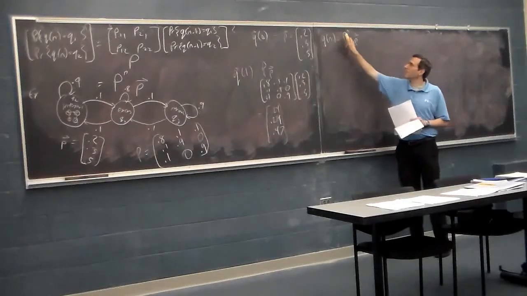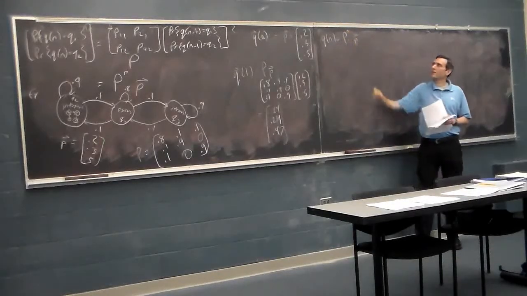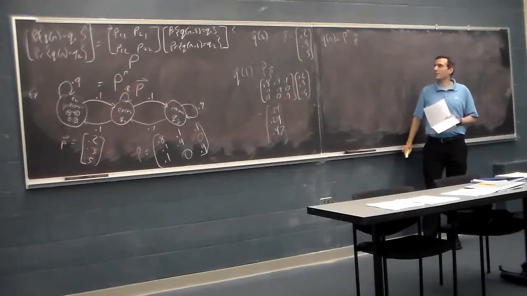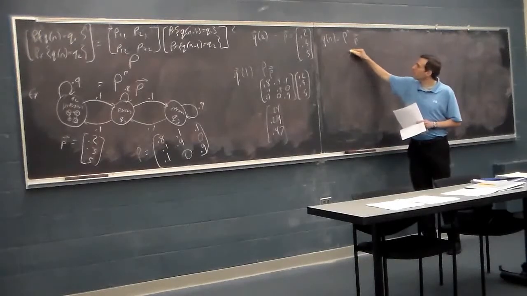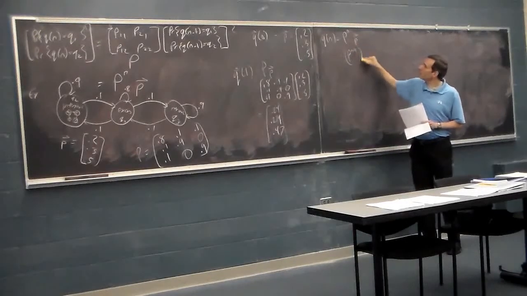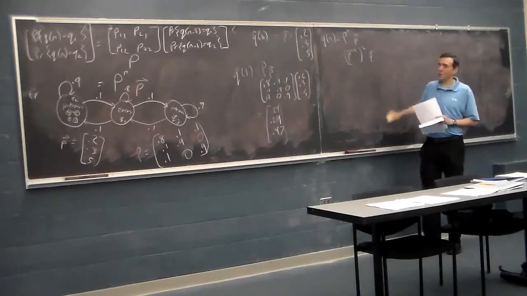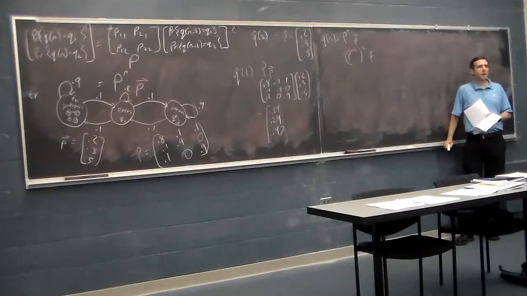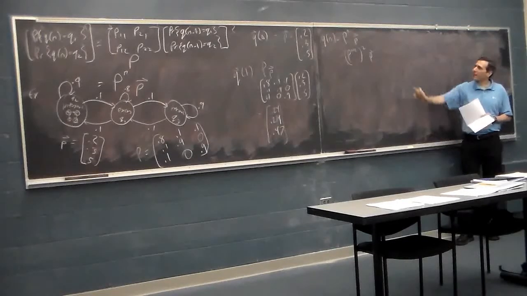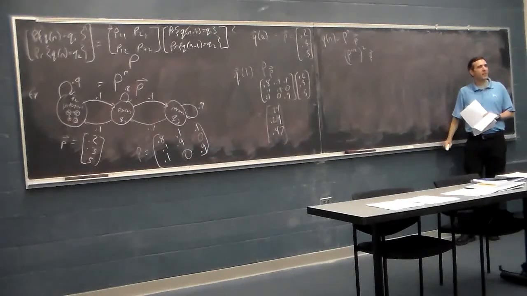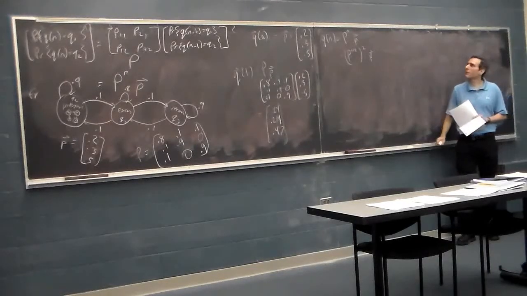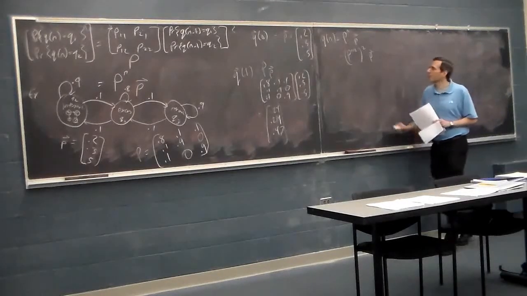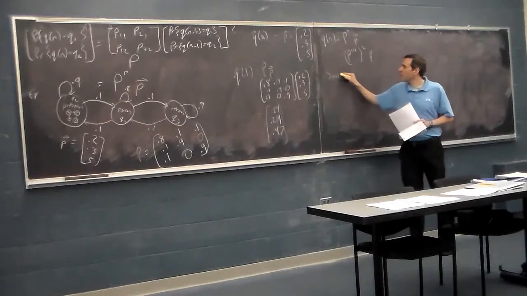To recognize that if n is a big number, then P to the n times little p is going to be equal to P to the n over 2 squared times little p. And that may not seem like it's much of an advantage, but that insight is basically the key to a way of making a much faster simulation of a relatively large number of steps. It's known as successive squaring.